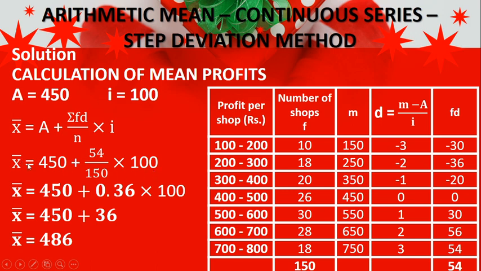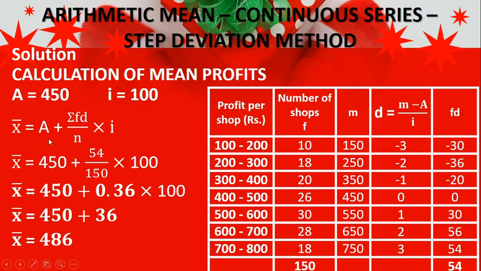So it is 450 plus 54 by 150 into 100. First we will solve this part. 54 by 150 is 0.36 into 100, so that is 36 that we get. We already have 450, so 450 plus 36 is 486. So this is how we calculate using the step deviation method.